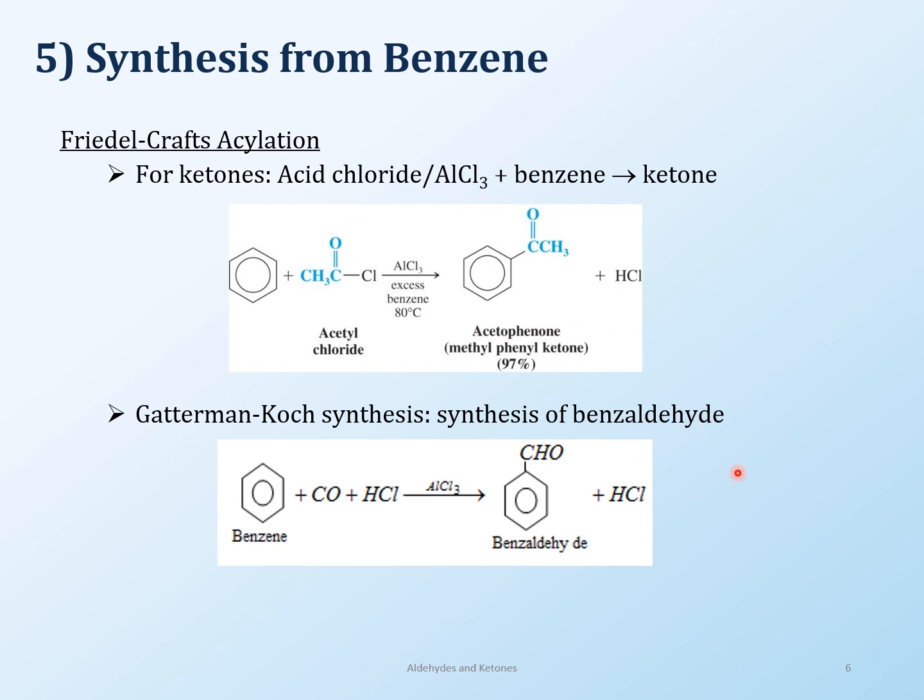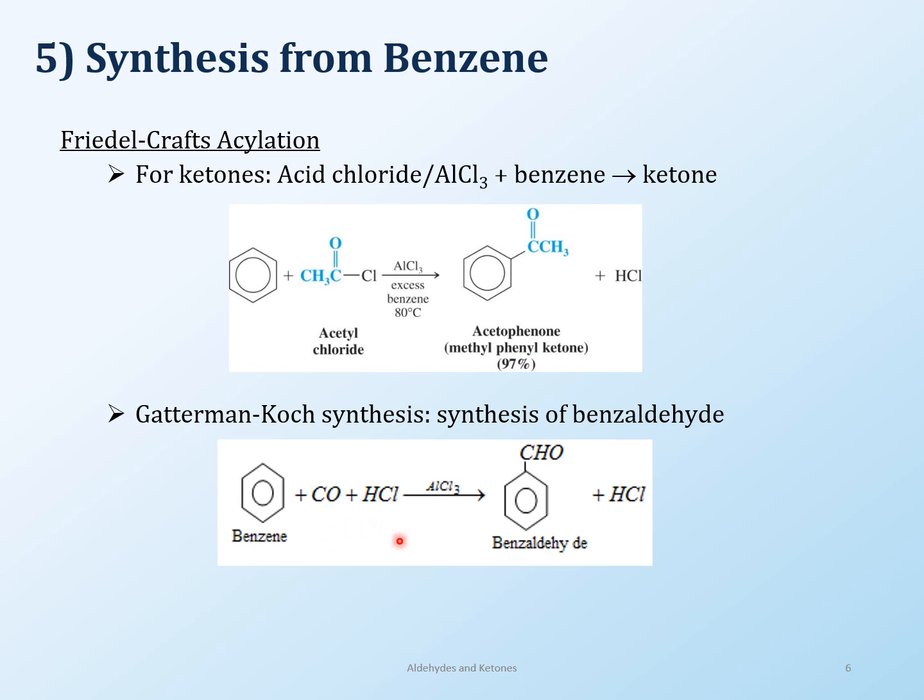To make aldehydes, for example benzaldehyde, we use what is called the Gattermann-Koch synthesis, which involves the same kind of thing. You still have an acyl chloride, except that the acyl chloride you're generating is coming from carbon monoxide and HCl.